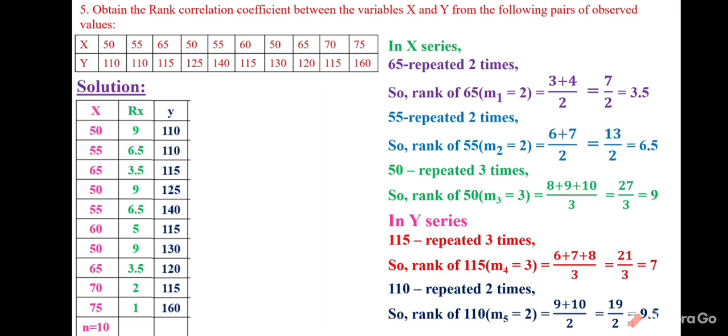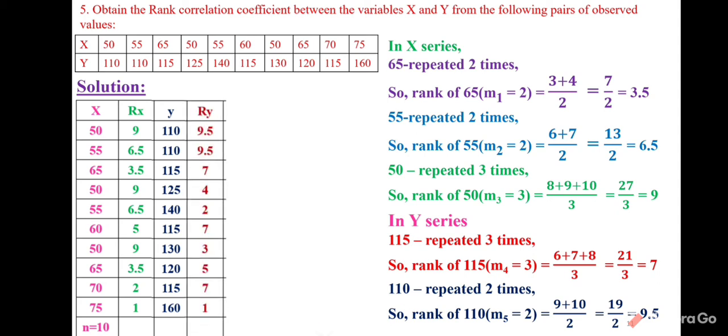Then similarly the Y values will be ranked. What is the highest value? You see that 160 is the highest value. Then the next highest is 140, then 130, then 125, then 120, then 115. 115 is repeated 3 times, so 6 plus 7 plus 8 divided by 3.